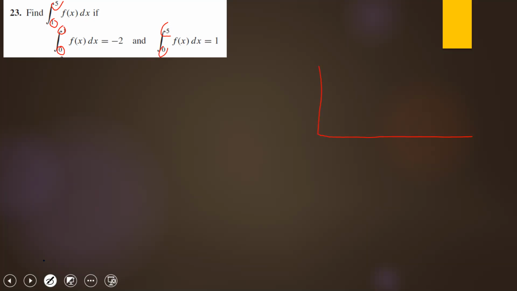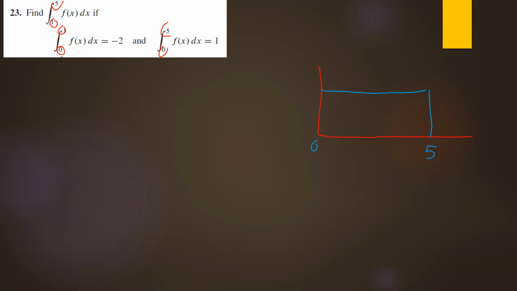Which from these integrals is the greatest interval? 0 to 5, exactly. So here I'm talking about 0 to 5. From 0 to 5 is given.